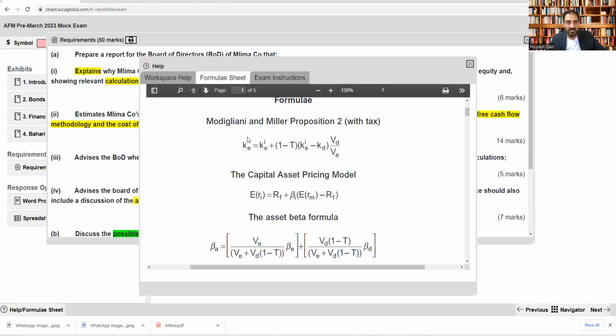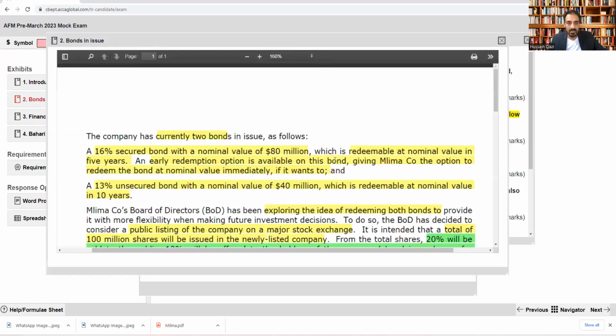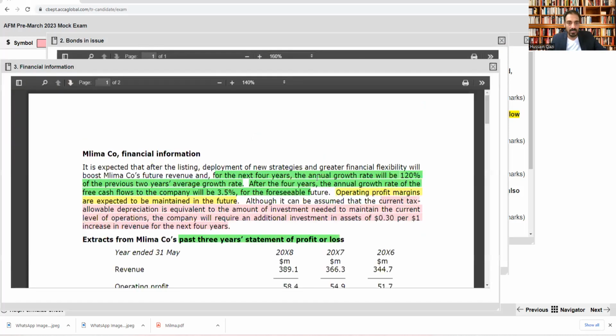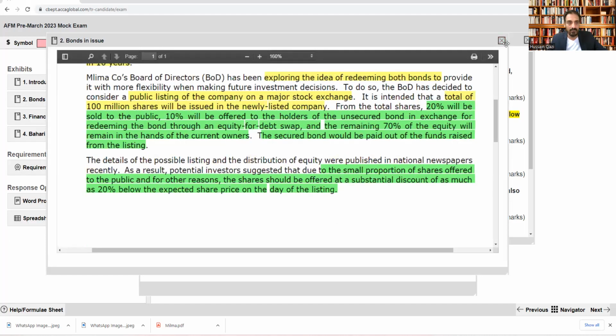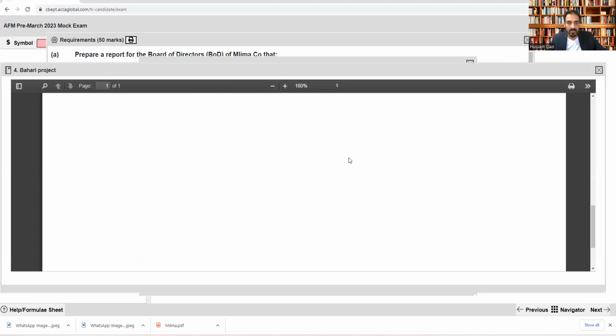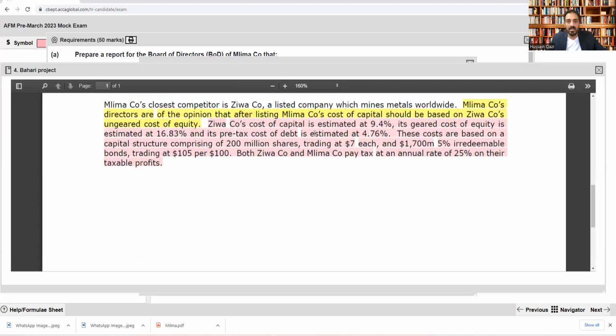It's available in the question. With Ziva, the geared cost of equity is 16.83. Do remember we have to work with the KE that is geared and identify KE ungeared.